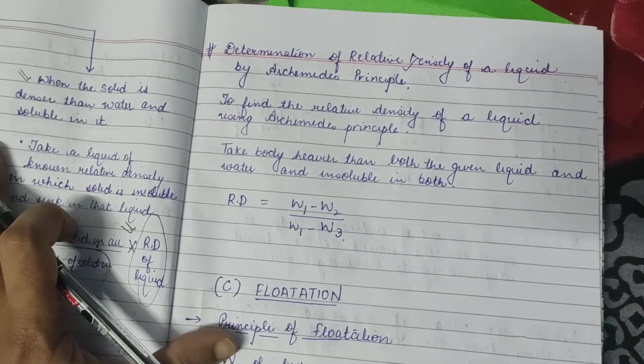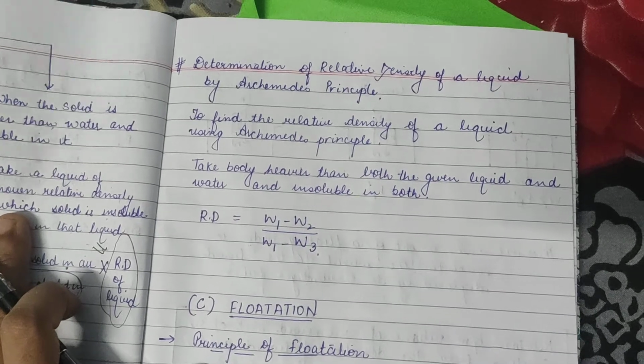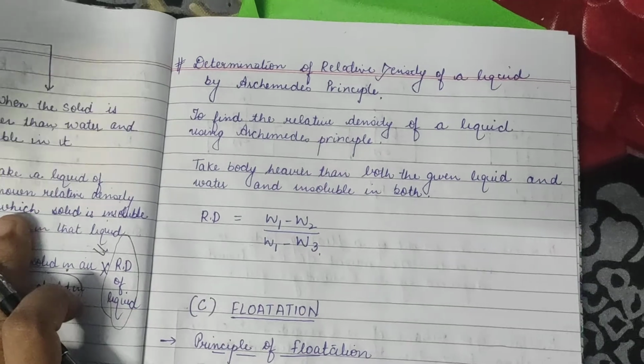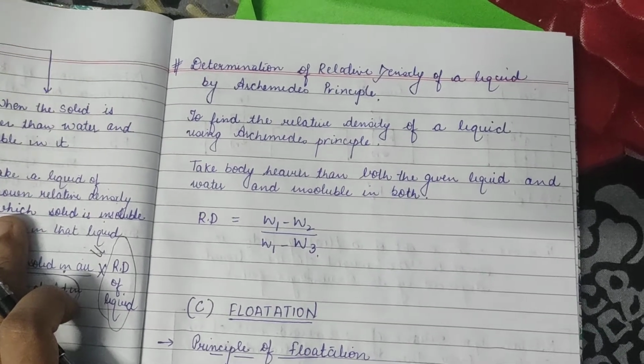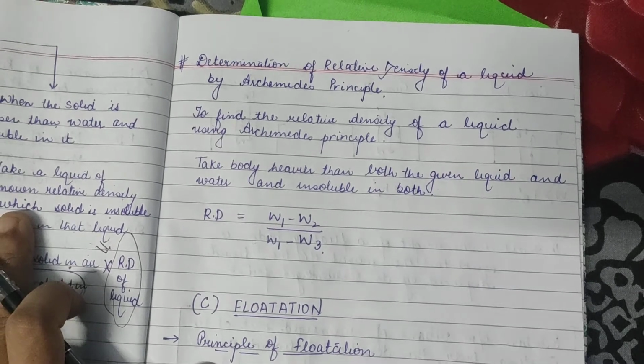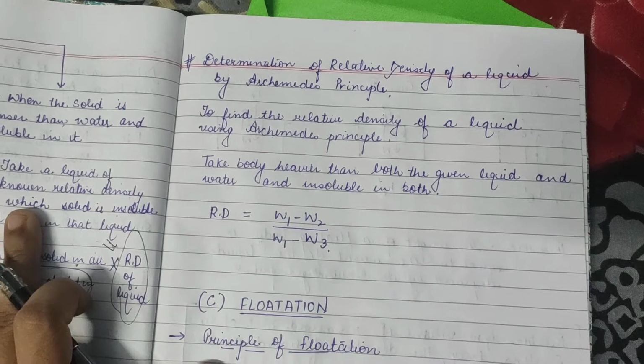Fine beta, till now we have discussed solids. Now we are going to discuss the relative density of a liquid by Archimedes principle. So again we will take water and the liquid substance with us.